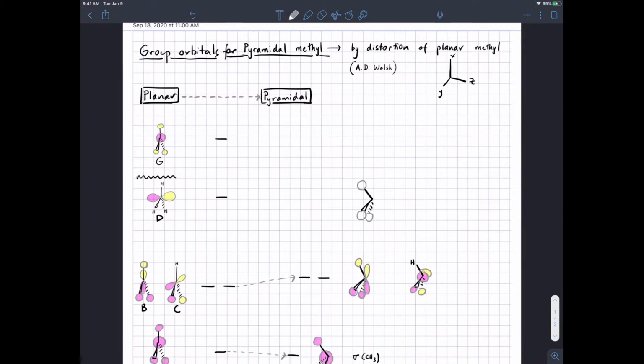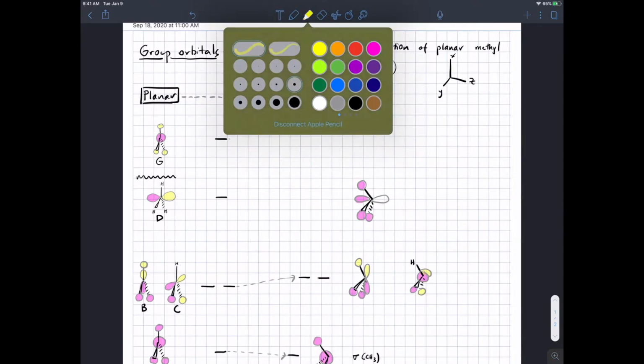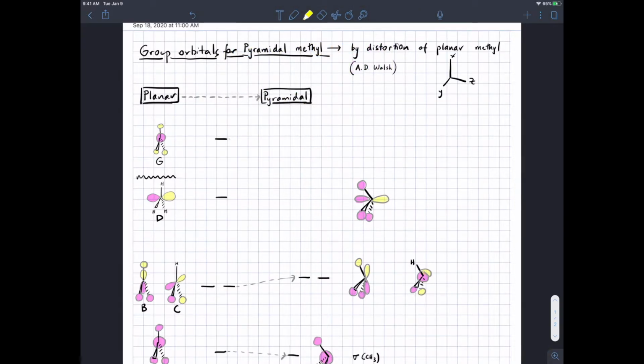So if we were to draw it this way and then continue to draw the 2pz orbital on that carbon, we'd end up with something like this: pink phase in the back, yellow phase in the front.